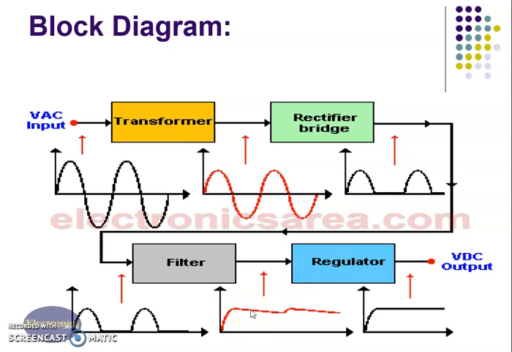So the DC output available from the bridge rectifier has a higher average value than the half wave rectifier, because the discharge time is not long when full wave bridge type rectifier is used.